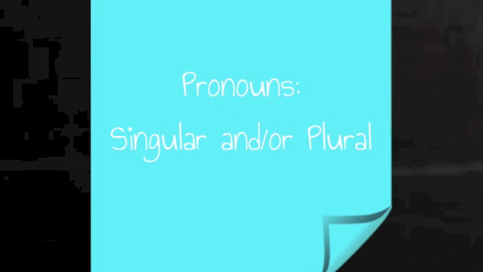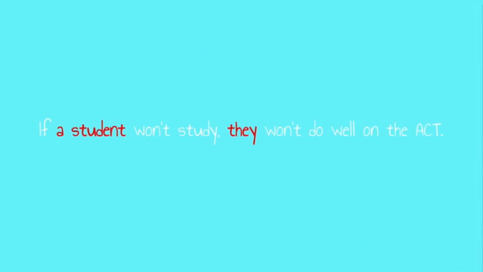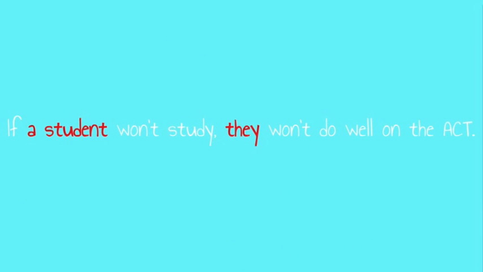Many times people use a plural pronoun, something that refers to more than one thing, to replace a singular noun. That's a big no-no. Here's an example. If a student won't study, they won't do well on the ACT.